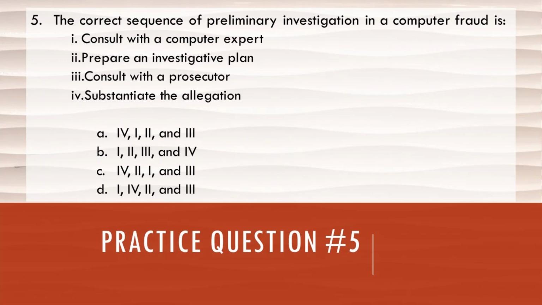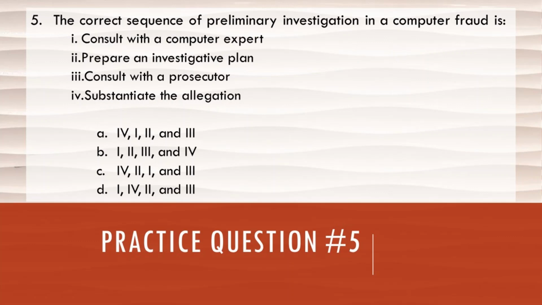Should 1 come first or should 2 come first? Well, after we substantiate the allegation, we probably want to get with a computer expert to understand what has been committed, what type of fraud has been committed in the computer, and then we will prepare our investigative plan.